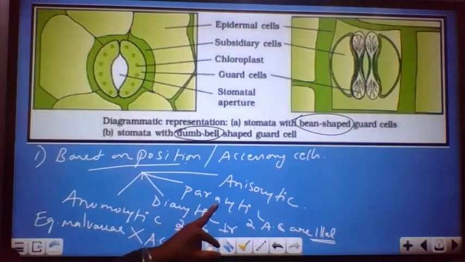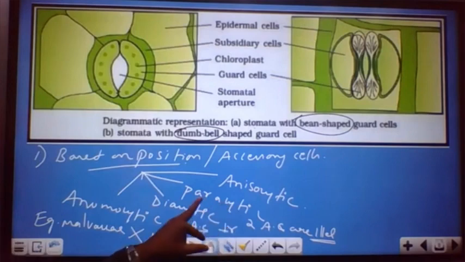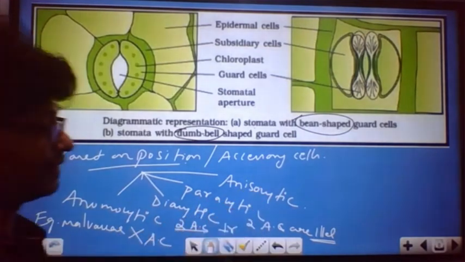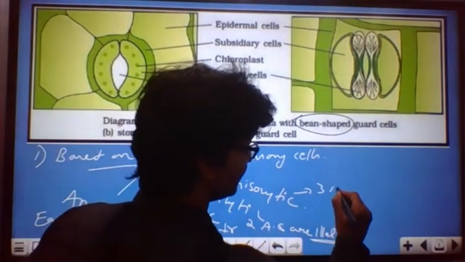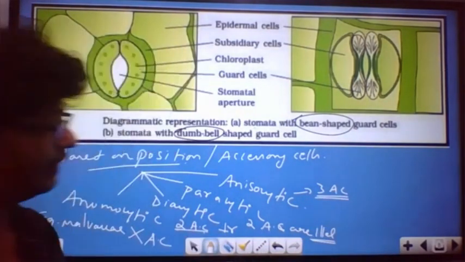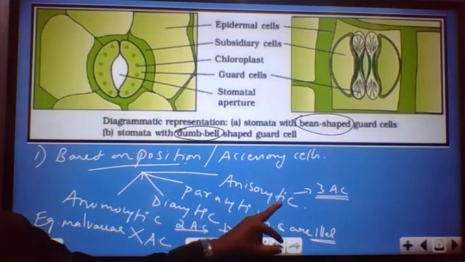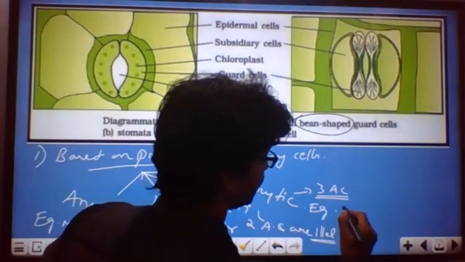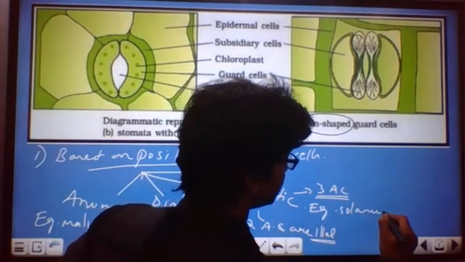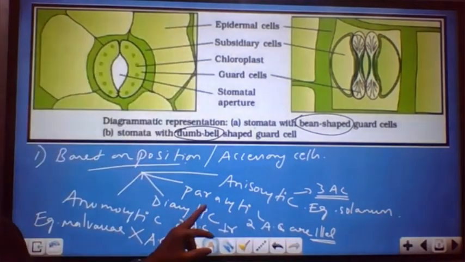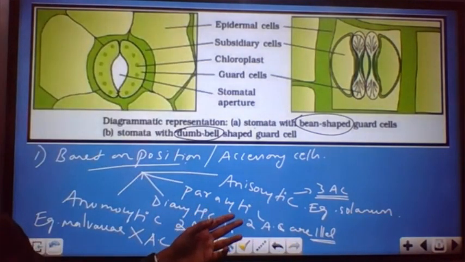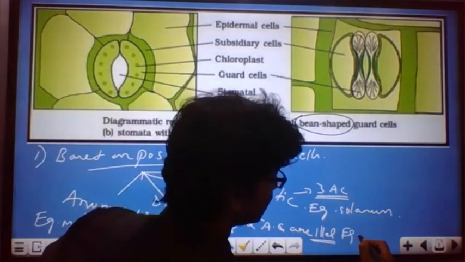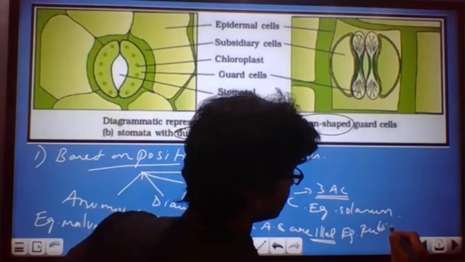This is paracytic, okay, not paracytic spelled differently. And anisocytic, where three accessory cells are present. You can see this in Solanum species. Coming to paracytic, an example you can give is Rubiaceae.